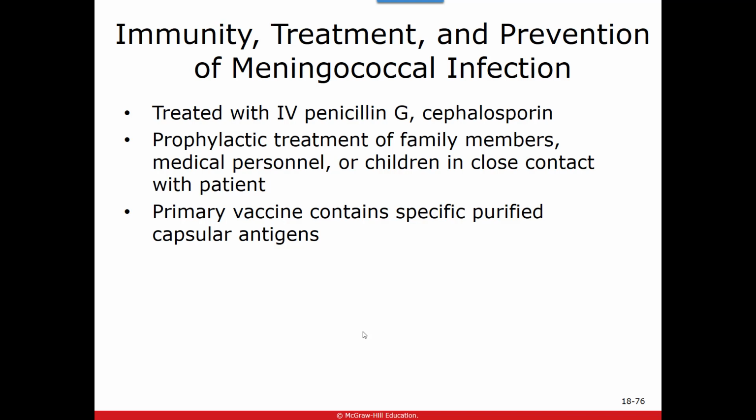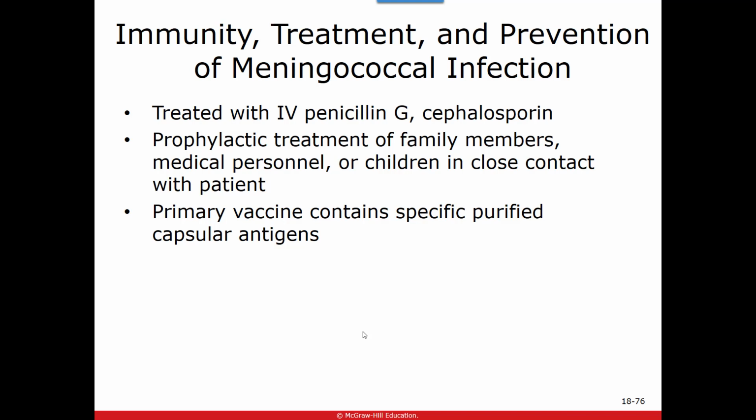So any medical personnel that has been working on you, family members of yours, any children that you might have had contact with, are all going to be given antibiotics because it can work so fast and because it can be deadly. Now, we have a vaccine for it as well. Those that usually go into dorms or military barracks, at close contact with each other, are usually the ones that are advised to get the vaccine.